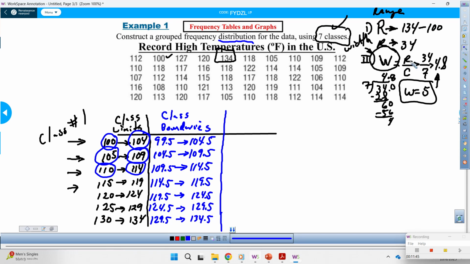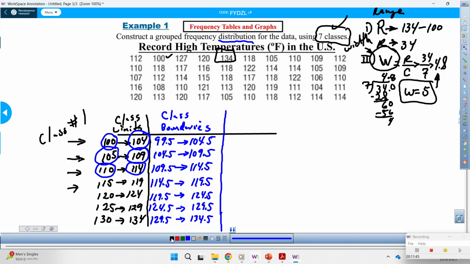Divide the range by the number of classes. And then step 3, we fill out the class limits. We start with the smallest value and then go up to the next class with the width, all the way through for the number of classes that we need. And then the upper values, we know how to fill that in. And class boundaries, subtract half from the lower limit, add half to the upper limit.